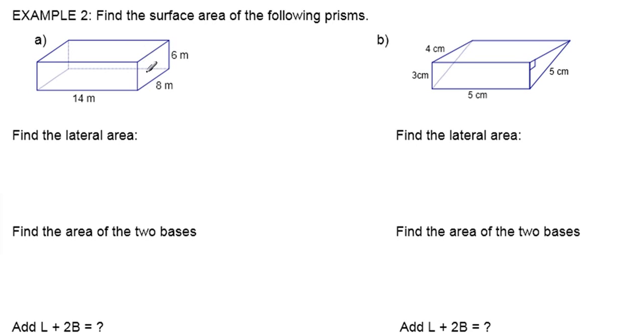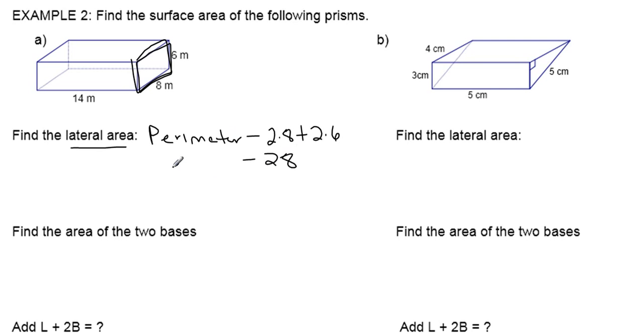So to find the surface area of the prism, we start by finding the lateral area. For our perimeter, we're going to find the perimeter of this rectangle here. So it would be 8 plus 6 plus 8 plus 6, or 2 times 8 plus 2 times 6, which gives me a total of 28.